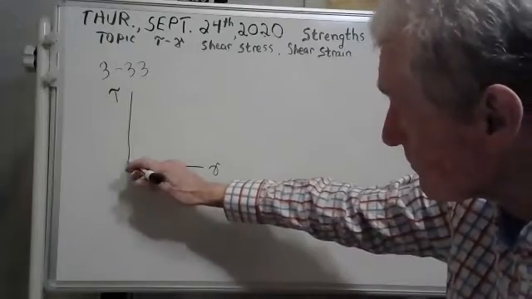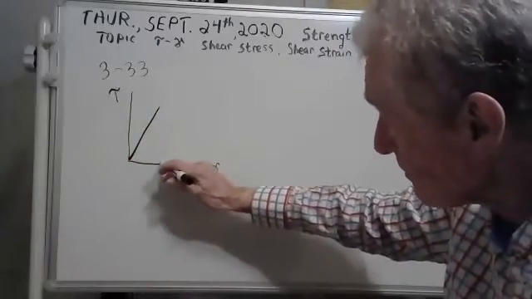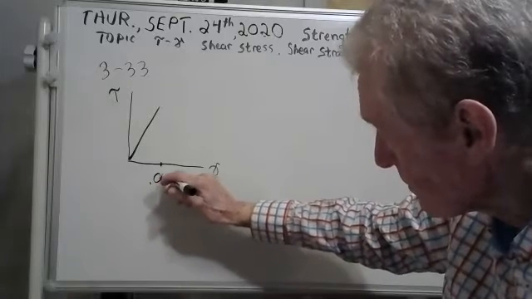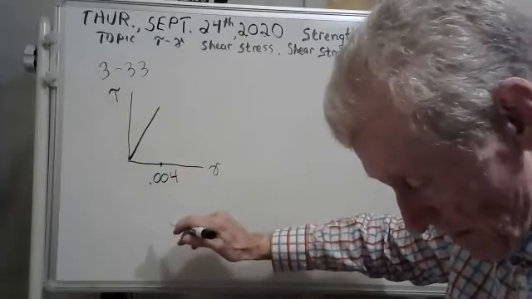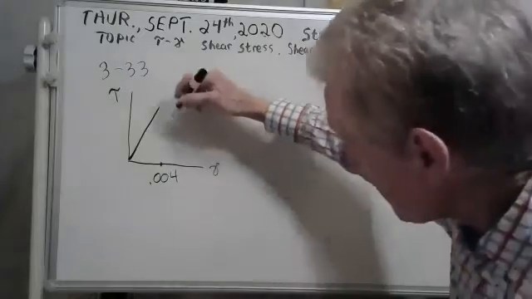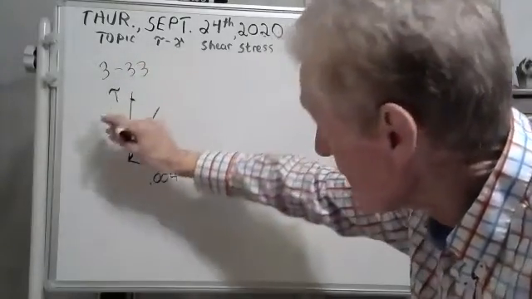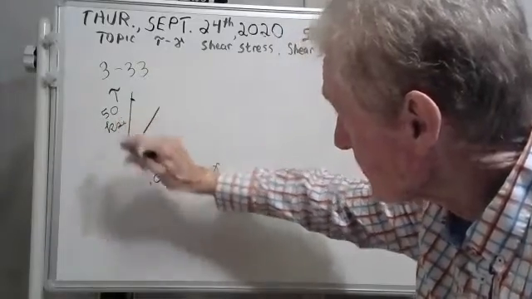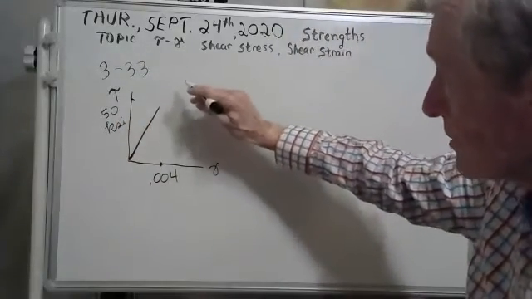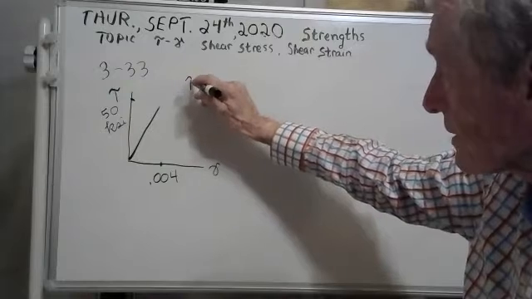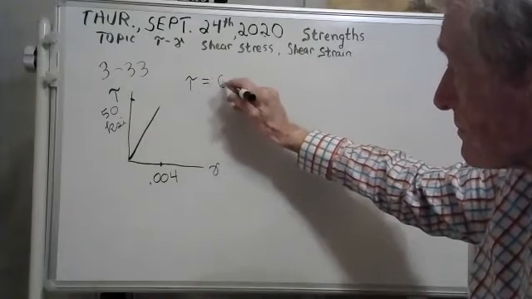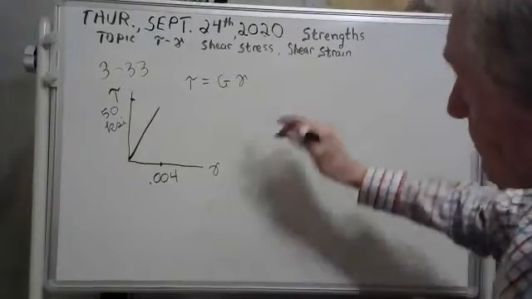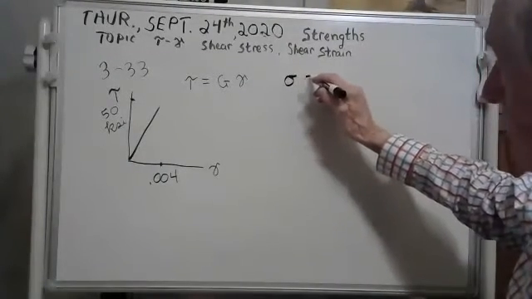And then here, they came up here. This is 0.004. And this is 50 ksi. And you know the equation, Hooke's law goes like this. Maybe you're happier with this Hooke's law here.